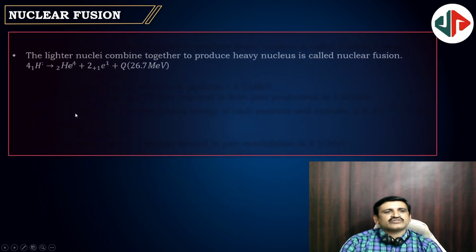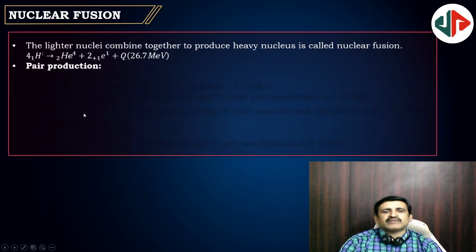Next, nuclear fusion. Lighter nuclei combine to form a bigger nucleus to attain stability, and in this process also we get energy; in hydrogen fusion we get 26.7 MeV of energy. Pair production: a photon of radiation, above a certain energy, forms a pair.